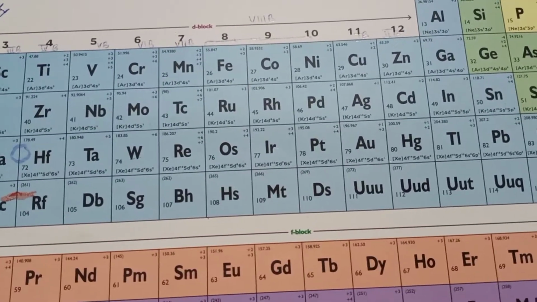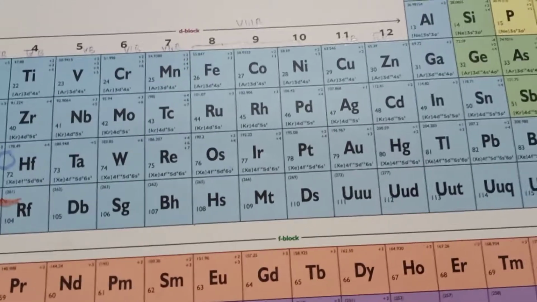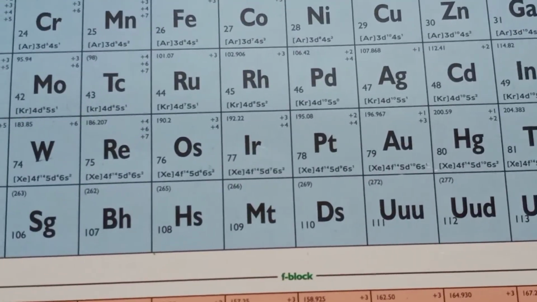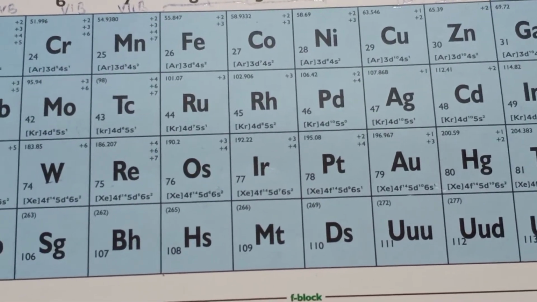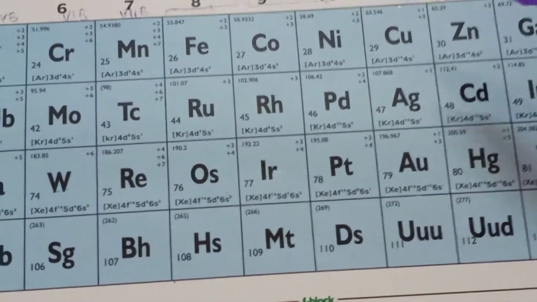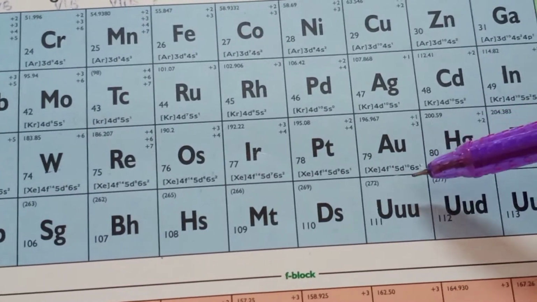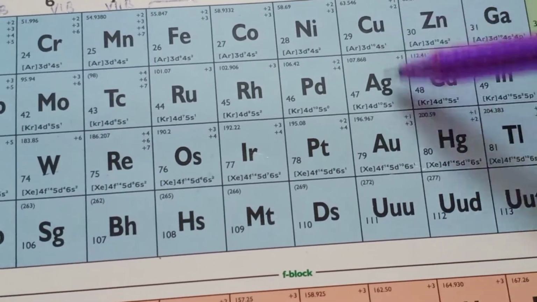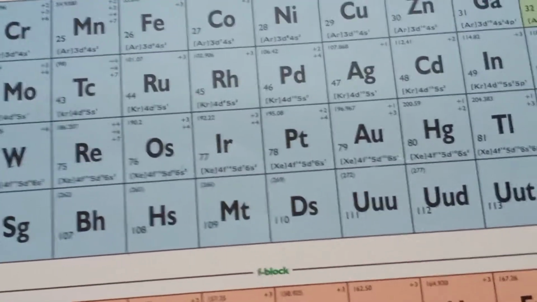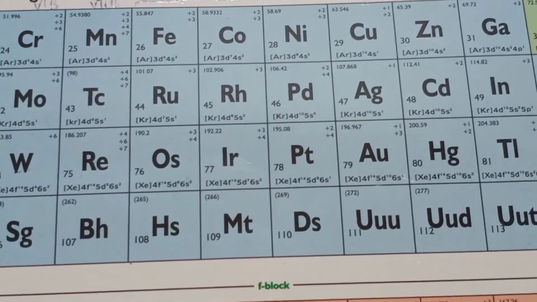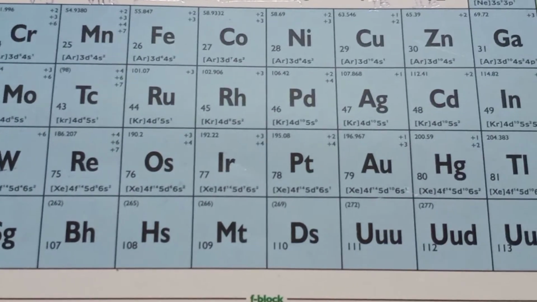It is argon 3d10 4s1, and silver is 4d10 5s1. So definitely for gold, when we talk, it will come as 5d10 6s1. So this is one way to learn it.